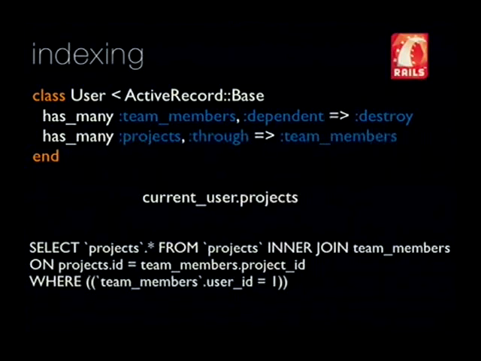Behind the scenes, Active Record will generate the query you see on the bottom. Select all the attributes from projects, and we do an inner join. Every time you have a join, you probably need to use an index, because now we're doing a big query.